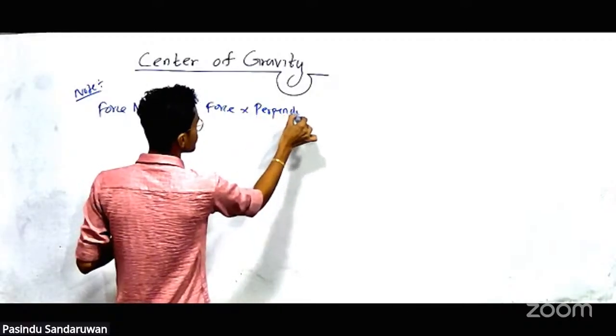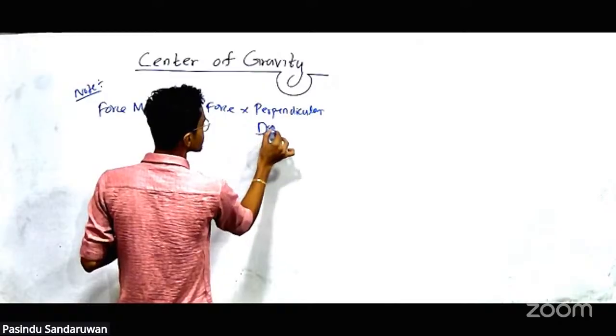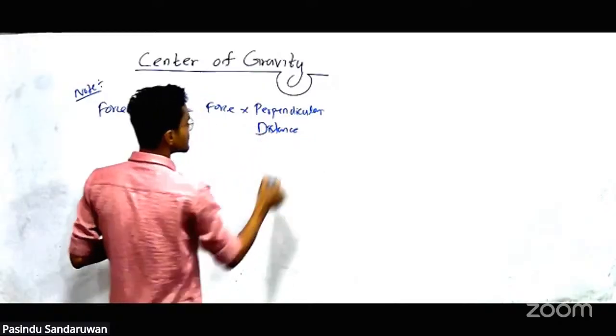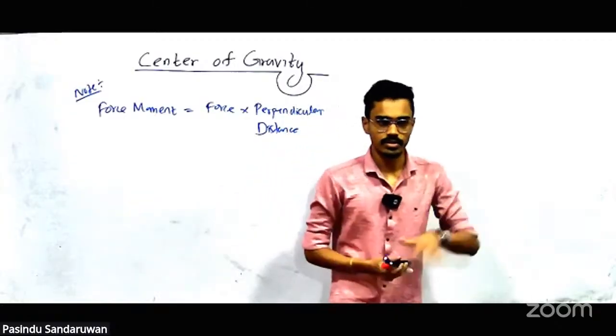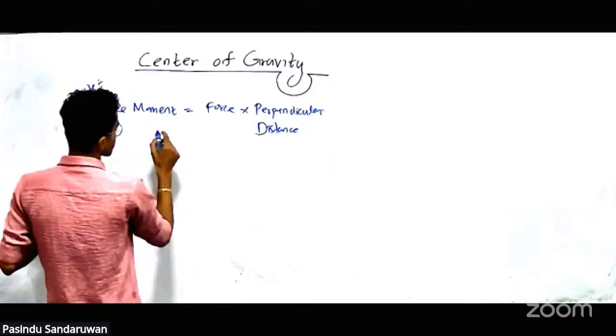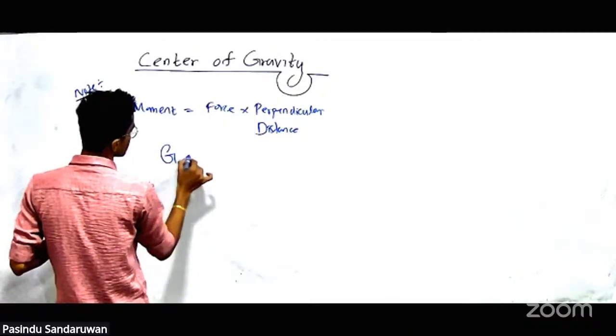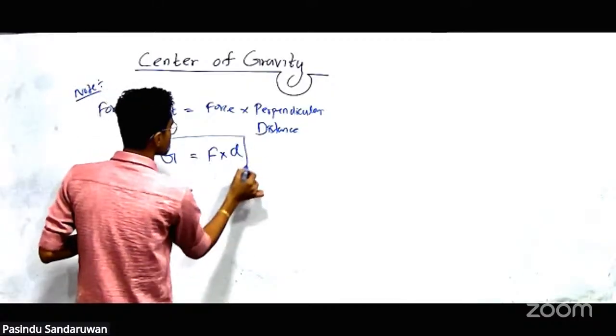This is called a force moment. This determines the rotation of an object. Therefore, force moment is denoted by F times D.